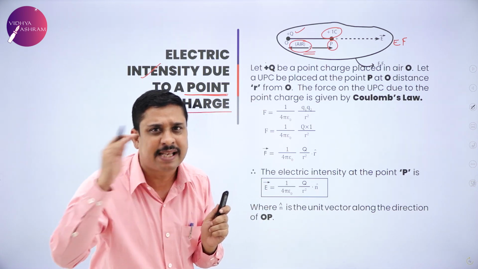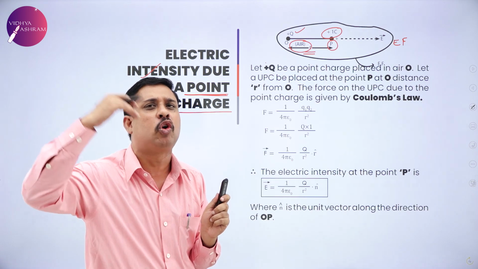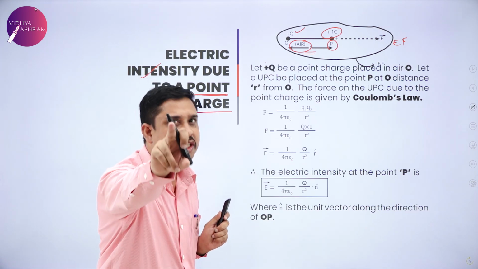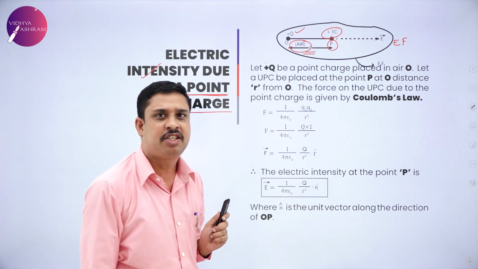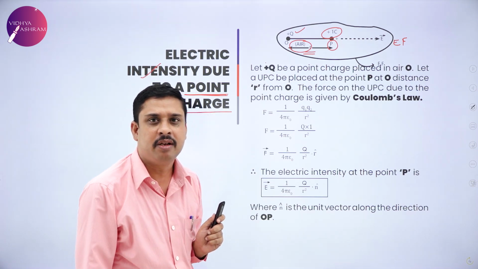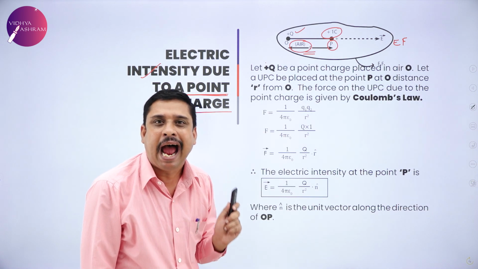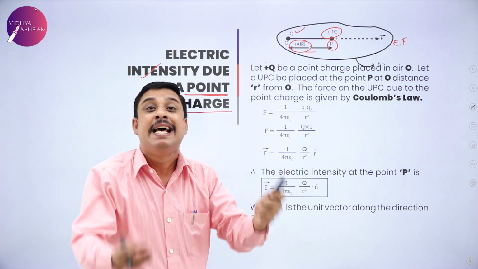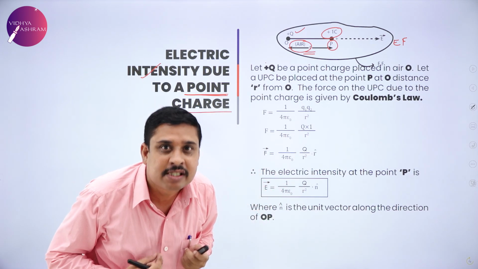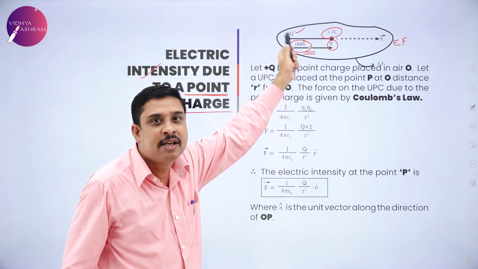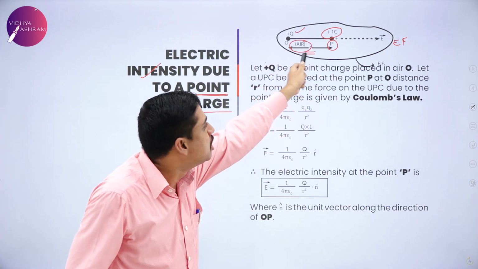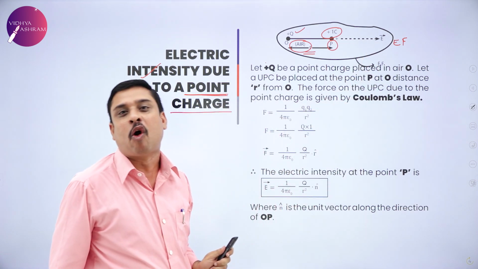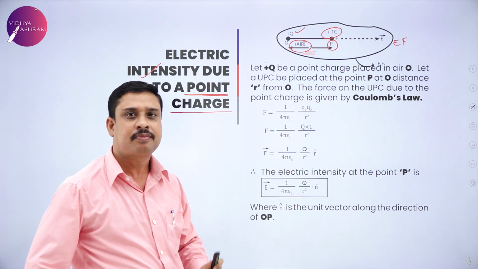What if one is plus and the other minus? Shortly, when we go to the characteristics of field lines, you will know that. So, like charges, repulsion, intensity is acting away from the UPC.